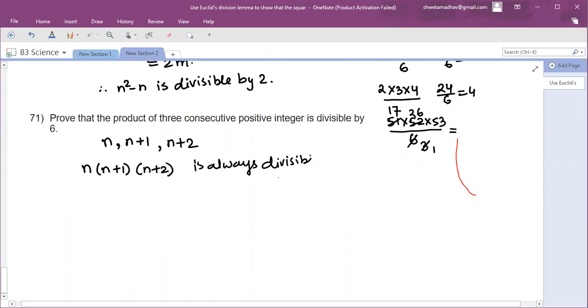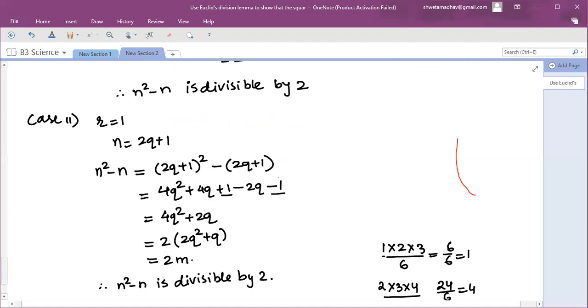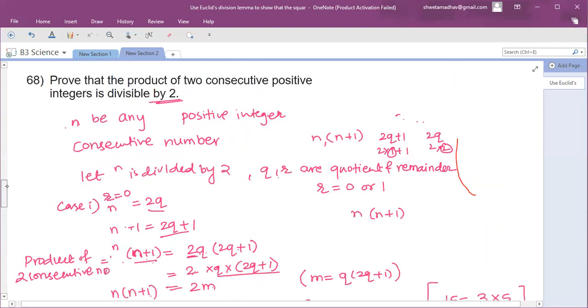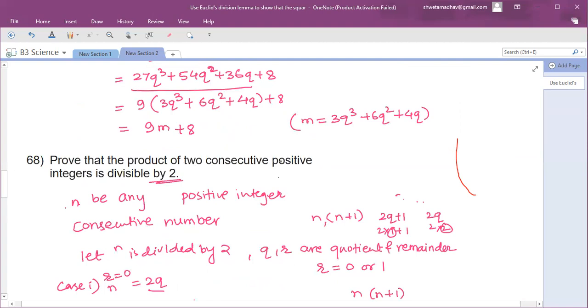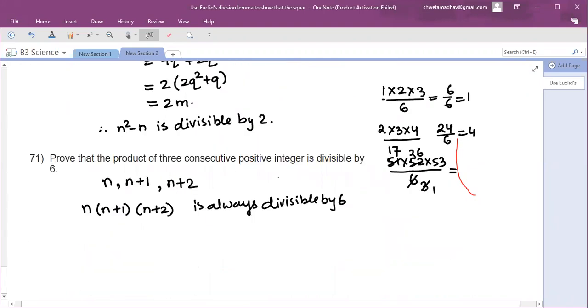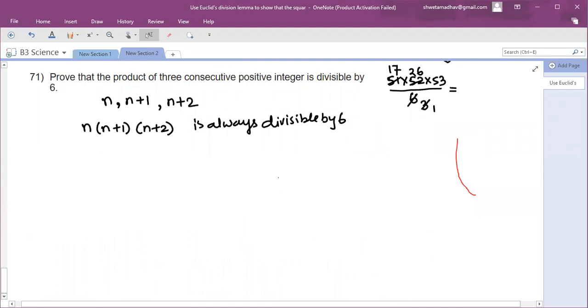Same as what we have done for two consecutive terms: prove that the product of two consecutive positive integers is always divisible by 2. Like that, the product of three consecutive integers is divisible by 6. That's what we have to show. Meaning clear? Yes. So what are the possible values of n?